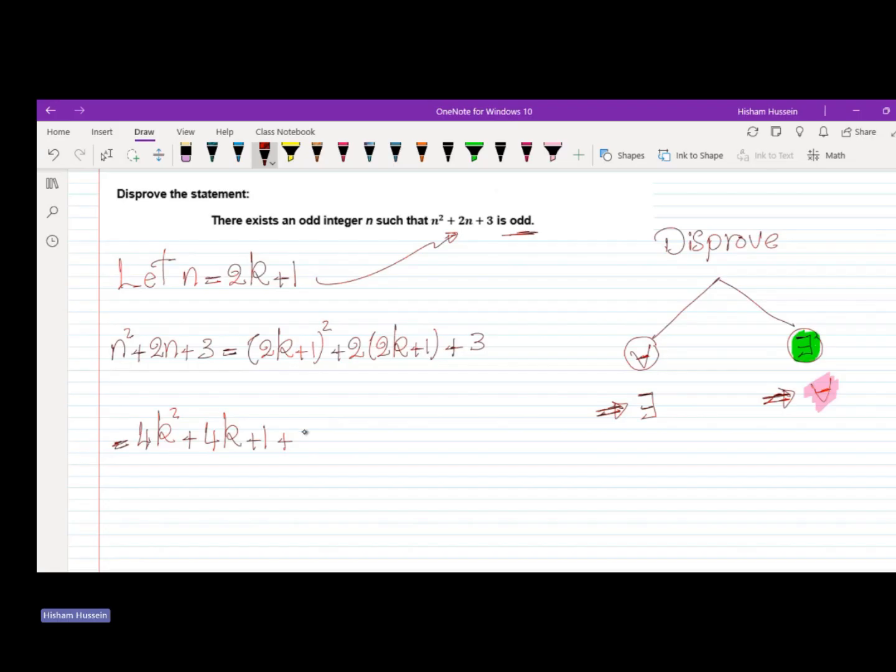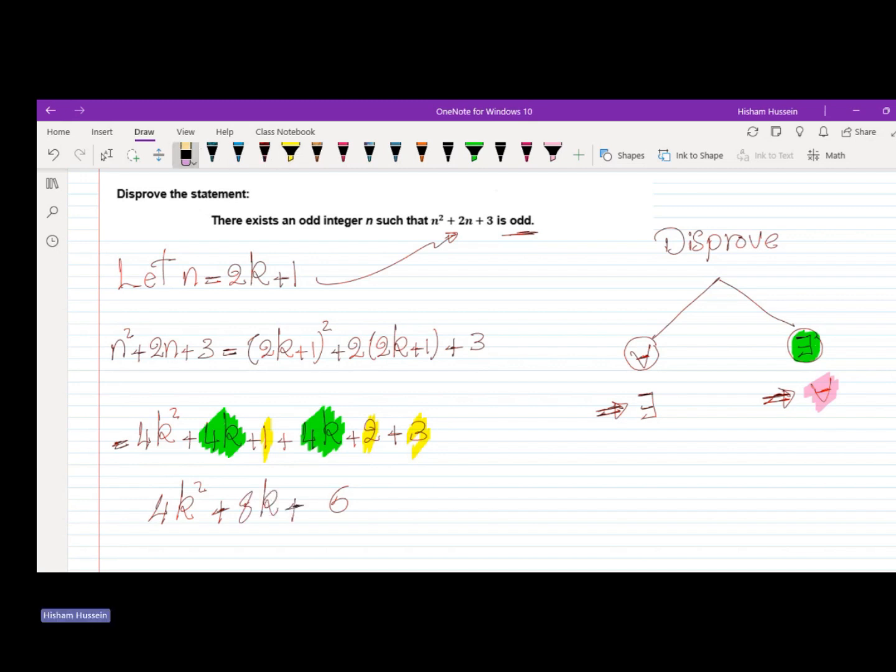Plus here, this is 4k plus 2, plus 3. Now we have 1 plus 2 plus 3, this is 6, the constant. 4k squared is the first term. Regarding the linear terms, we have 4k plus 4k, which is 8k. So now we have 4k squared plus 8k plus 6.